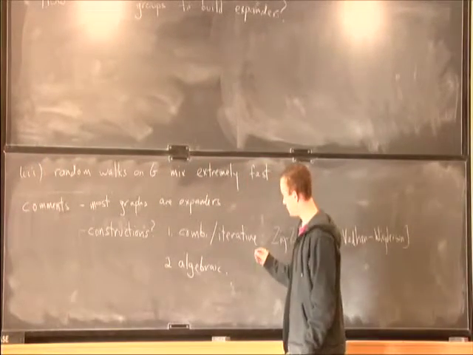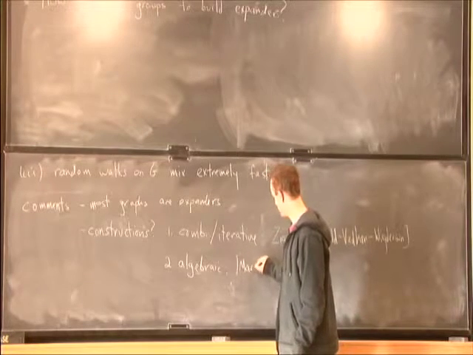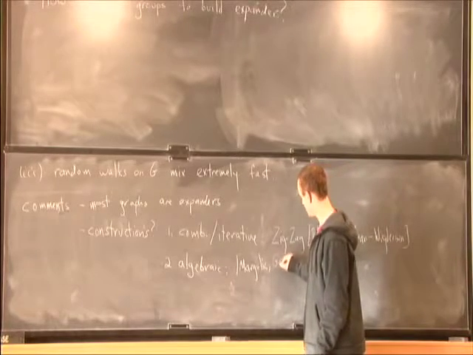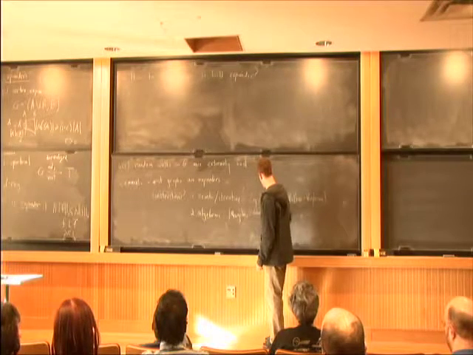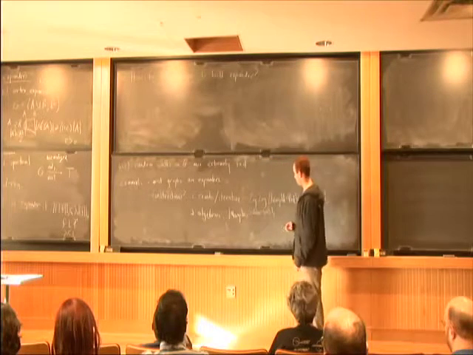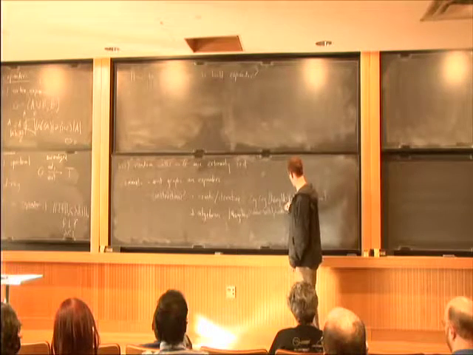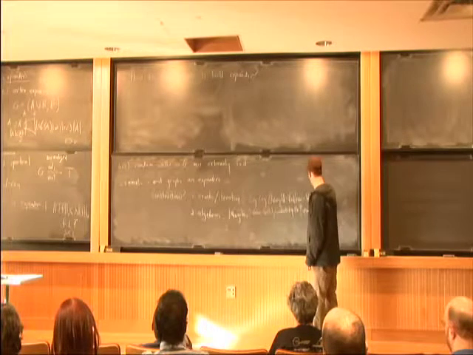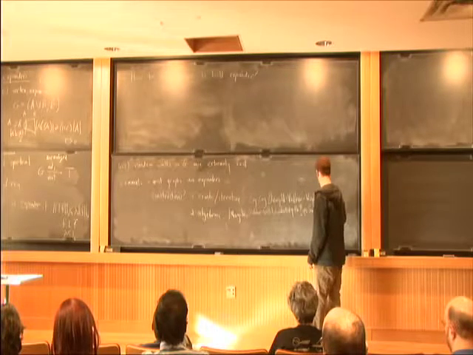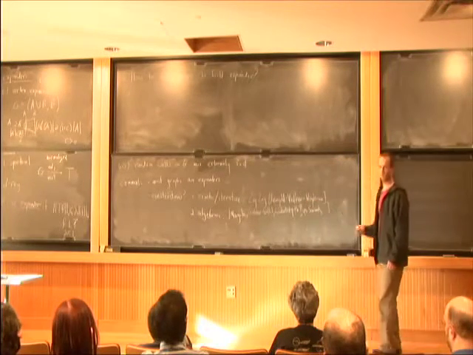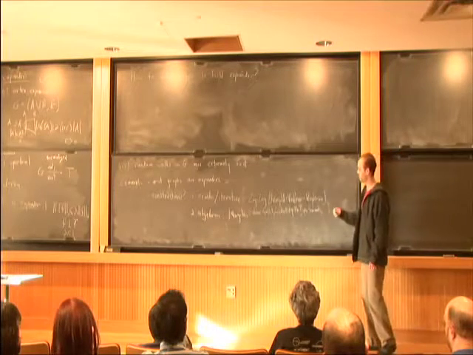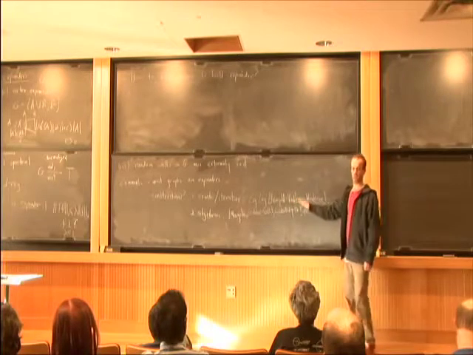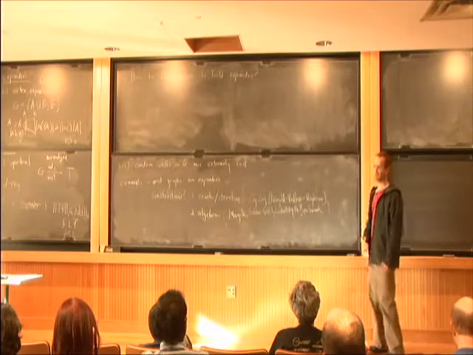There is the Margulis construction, the Gabber-Galil construction, Lubotzky-Phillips-Sarnak, and there are more constructions. But what I will talk about will not be any of these. It will be a different type of construction.